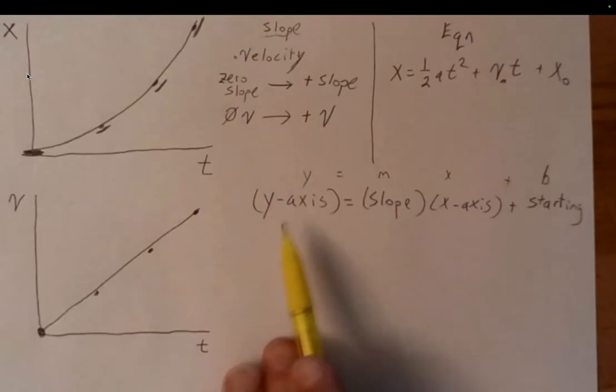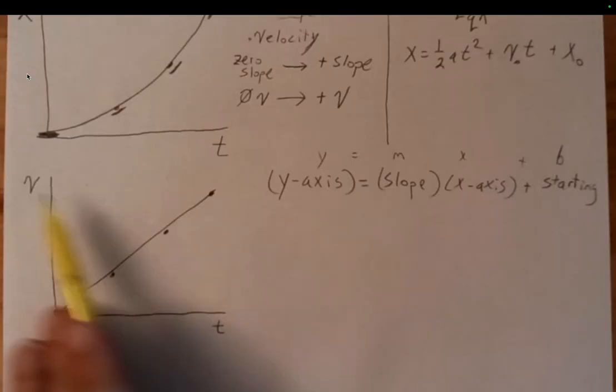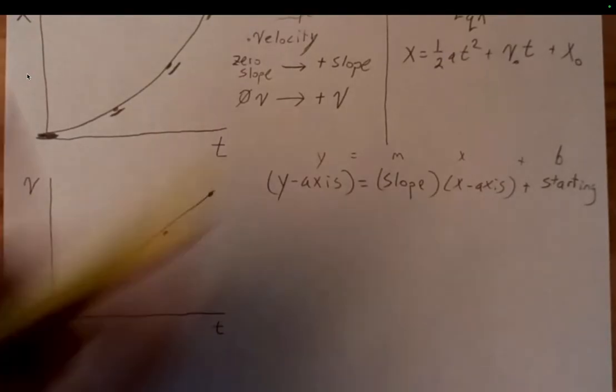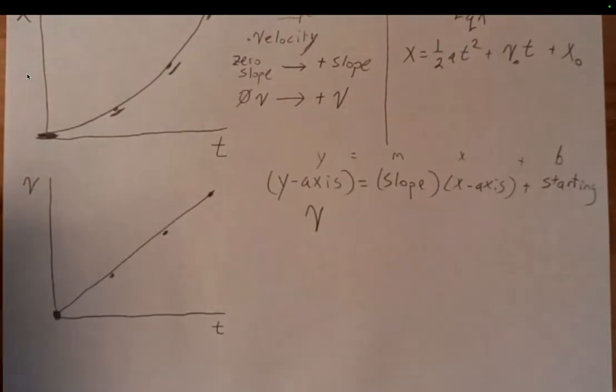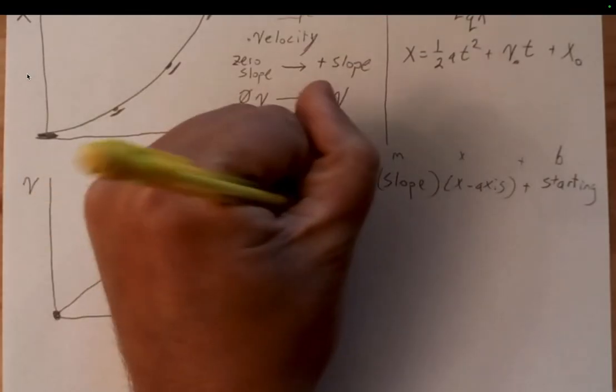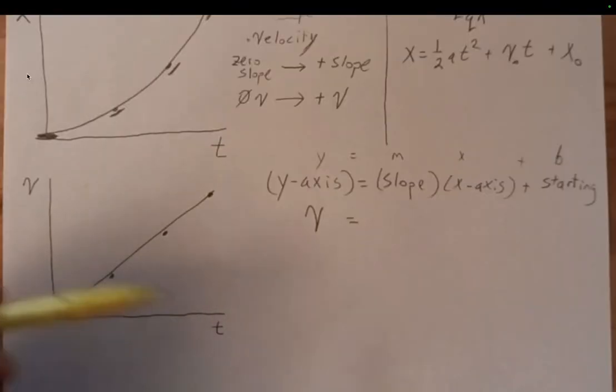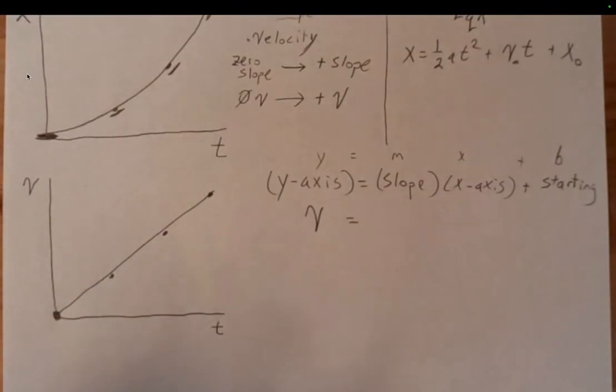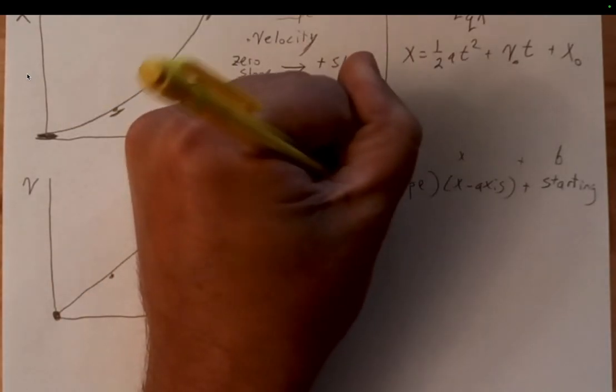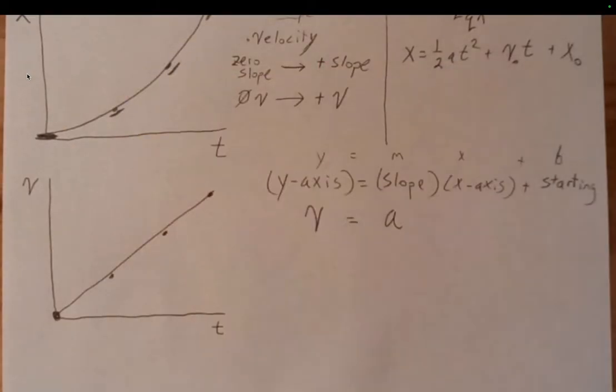So I use what's on the y-axis, and in this case, on the y-axis, we have v for velocity. So we have this v on the y-axis, and it's going to equal the slope, where we don't necessarily know what the slope is, but we're seeing that this velocity is changing over time, and we do know that when velocity changes over time, that has to be this acceleration. So the slope is this acceleration, a.